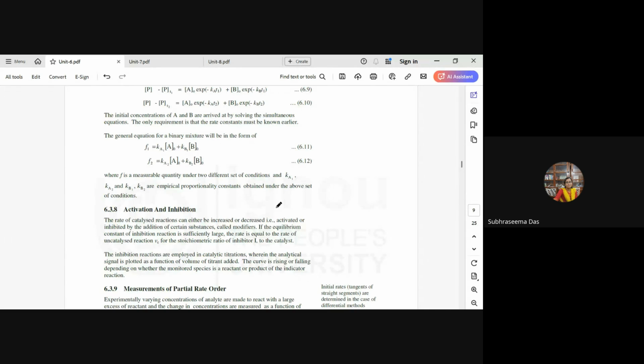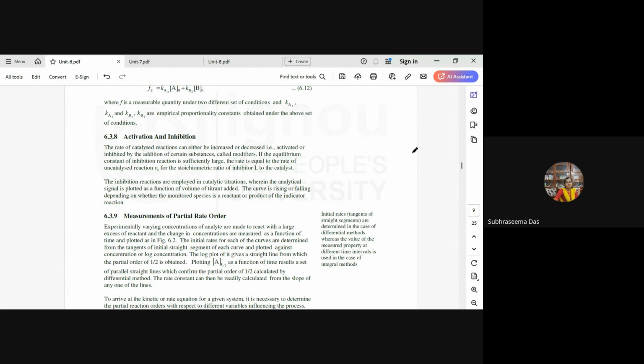Then next, coming to activation and inhibition. The rate of any reaction can be either increased or decreased by the addition of a catalyst, that we are all aware of. So the first process after addition of a catalyst lies in the activation of the substrate.